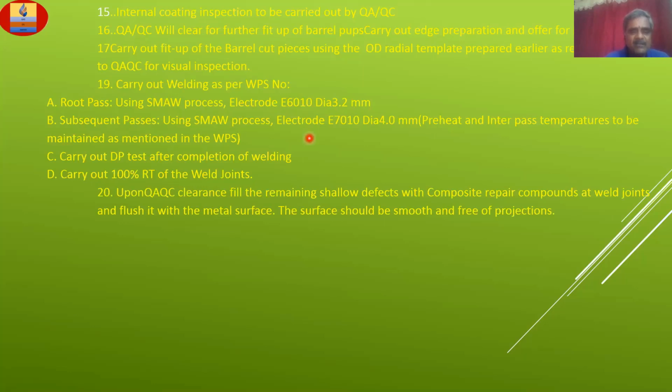Upon completion and QAQC clearances, fill the remaining shallow defects with composite repair compounds, which we have arranged earlier, at weld joints, and flush it with the metal surface. The surface should be smooth and free of projections.